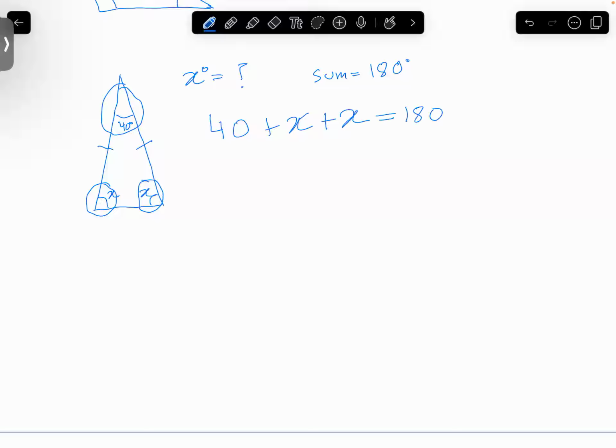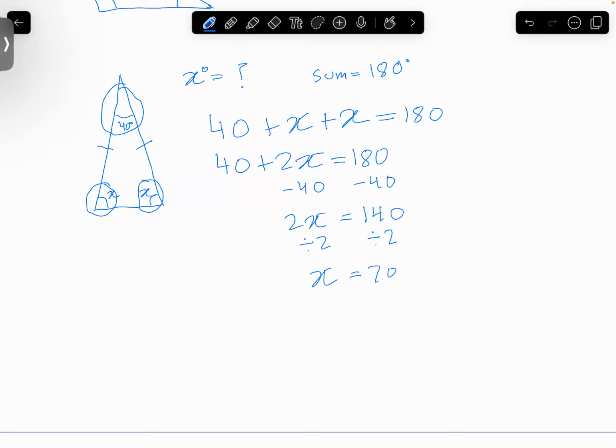And then once we get this, now we can just do simple algebra. So 40 plus 2x equals 180, 2x is equal to 180 minus 40, which is 140. Divided by 2, x is equal to 70 degrees.